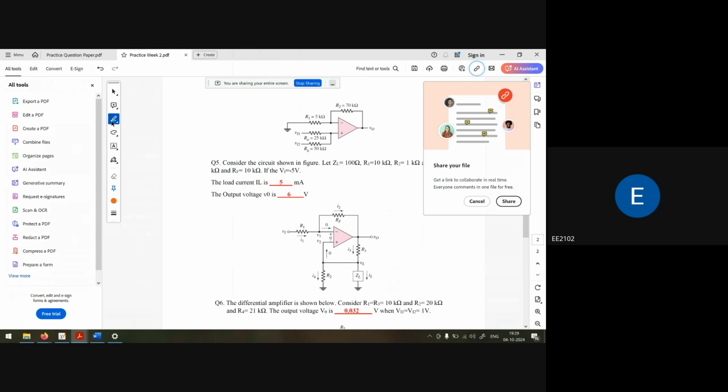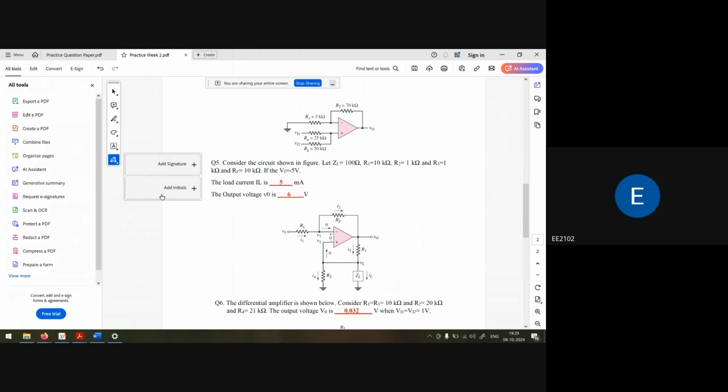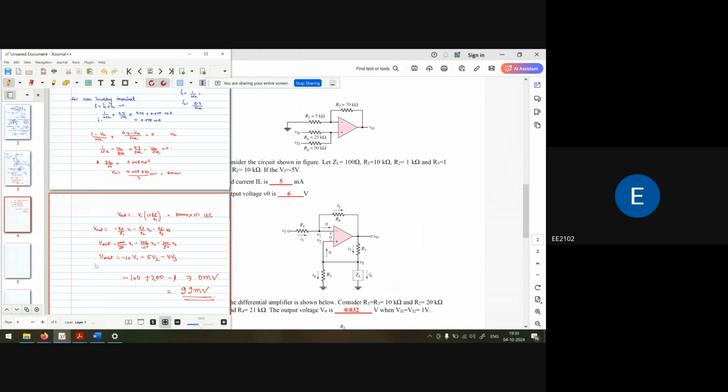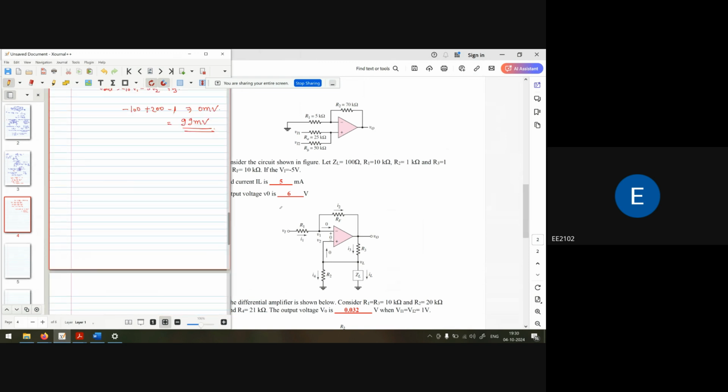So V out is this one. If I take this in my circuit, negative, positive.